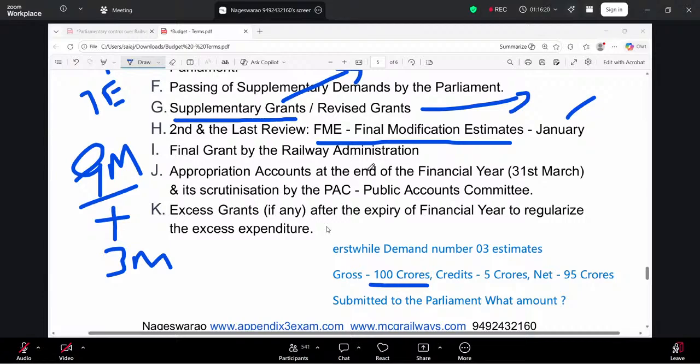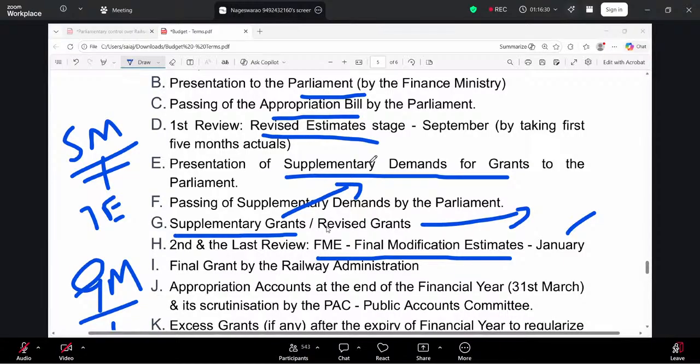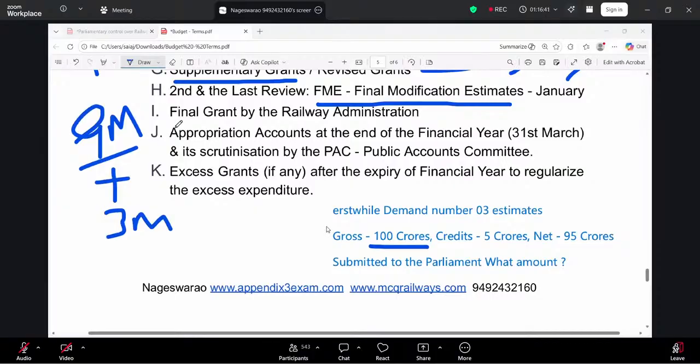We are not approaching the parliament this time. We are not going to approach the parliament at this stage. Only at the revised estimate stage we go to parliament, with supplementary demands for grants. But in the FME stage, the Railway Board adjusts between all the zonal railways. That is called the final grant. This is not related to the parliament. Okay.